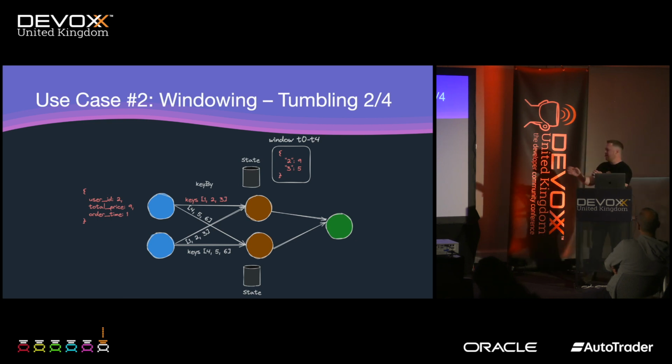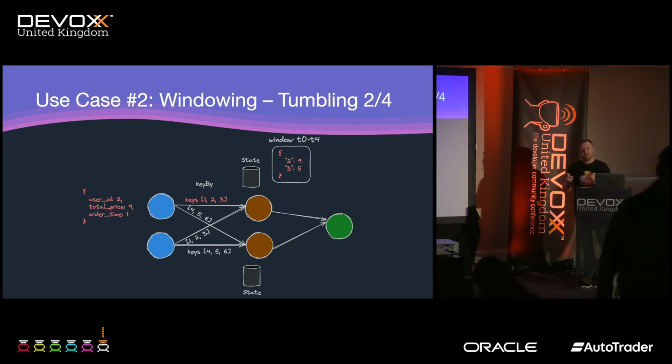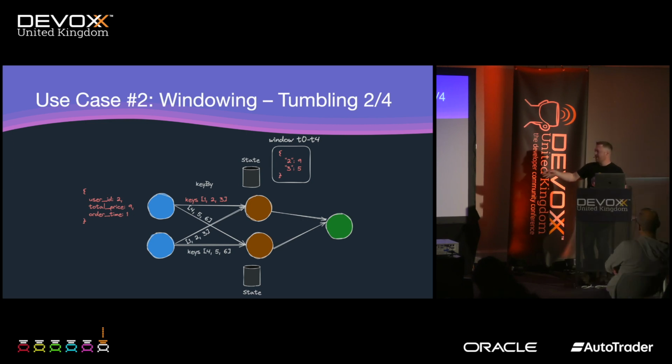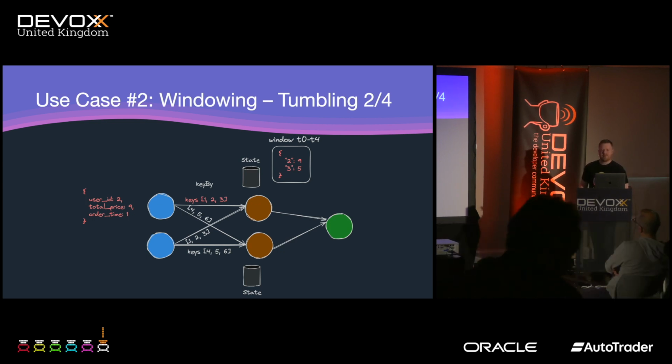It would then increase the parallelism, restart these 3 operators from the checkpoint, and redistribute the state. So for example, keys 1 and 2 could go to subtask 1, 3 and 4 to the middle one, and then 5 and 6 to the bottom. And then from then on, the records would flow to the correct downstream operator.